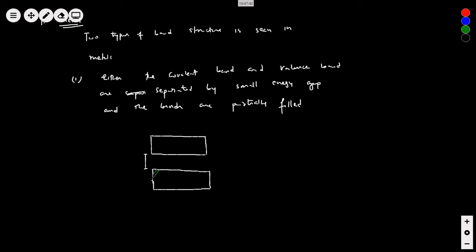So what happened is that this is partially filled. This is a partially filled valence band. Similarly, a partially filled conduction band.